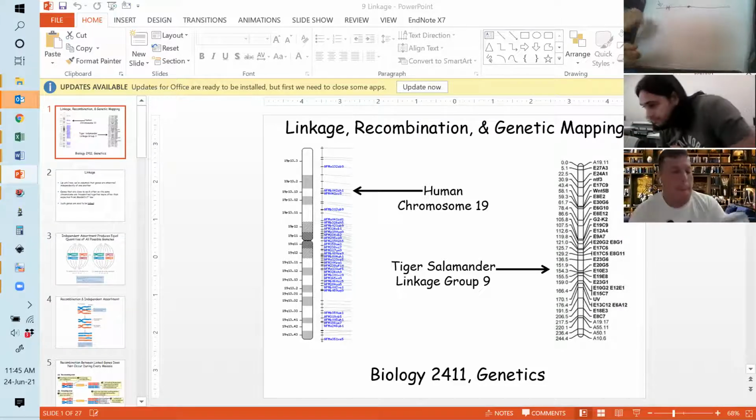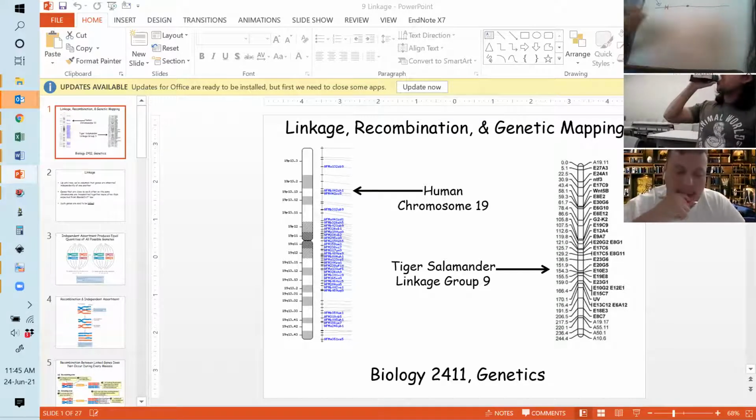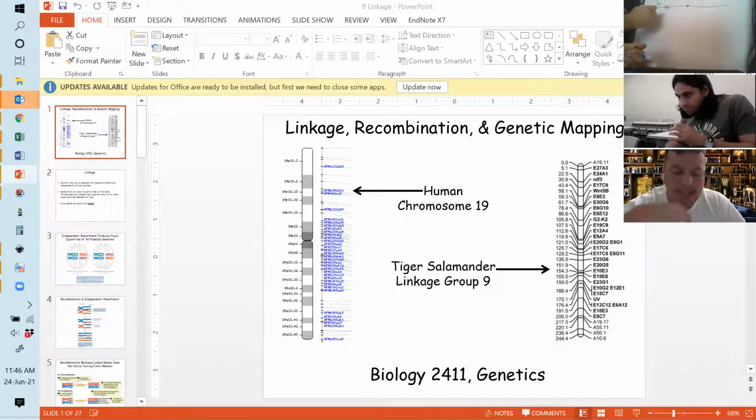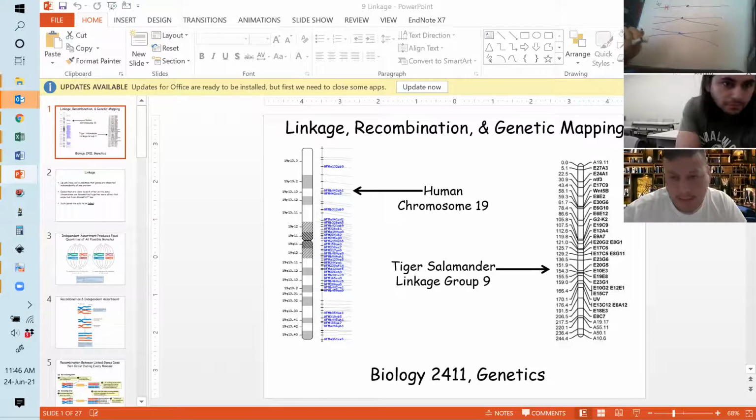Because you had the cross where it was AB, AB, little a, little b. Essentially, what you have is a heterozygote, because otherwise you're not going to see any difference. Yes, thank you, Marissa.